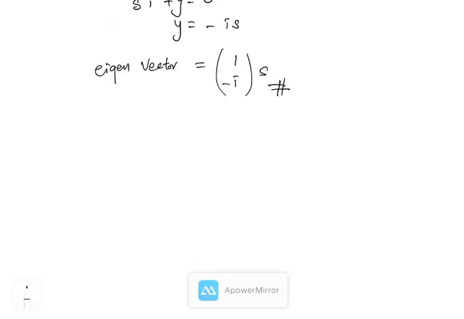Next is to find whether they are linearly independent or not. We have 1, i and 1, negative i. Oops, that is a positive.